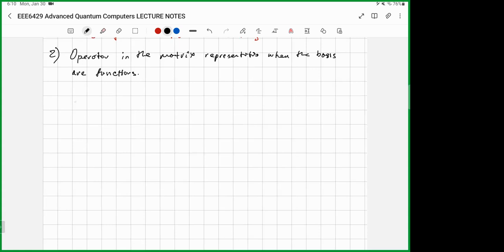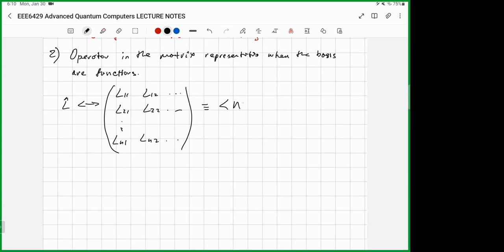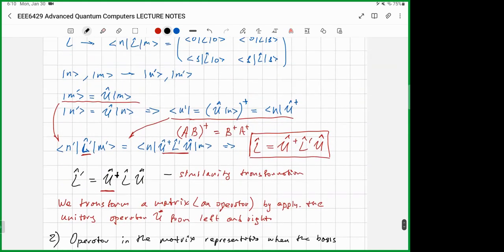So we know that this operator can be represented as a matrix like this: L(1)(1), L(1)(2), etc., all the way down to L(n)(1), L(n)(2), etc. This is a matrix that represents this operator, and I can write this as n, L, m.